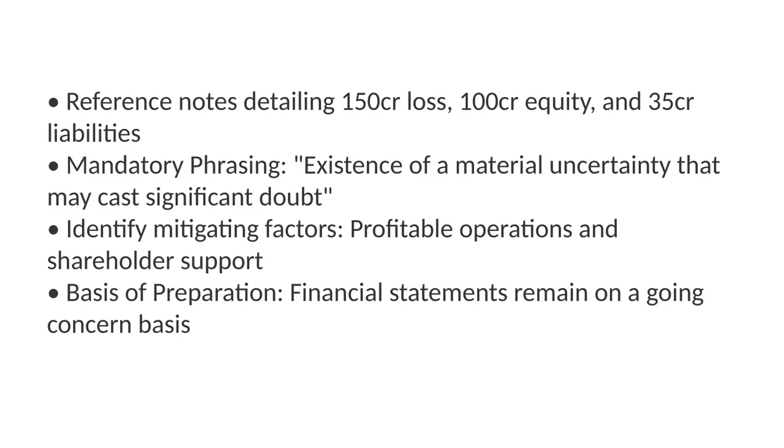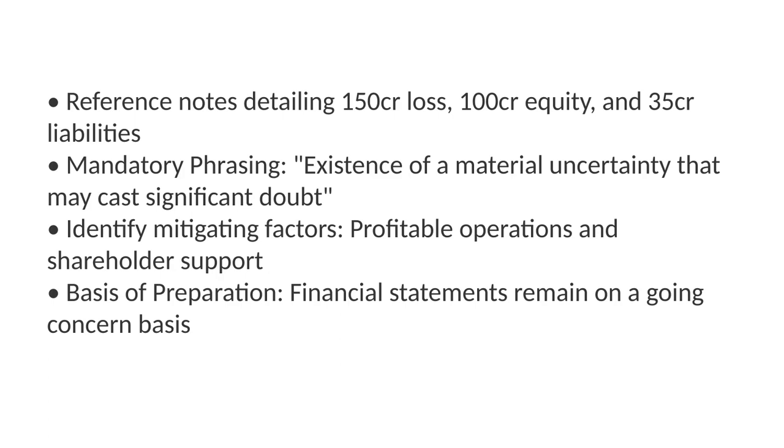Now, move to the second part, which is the going concern issue. Again, refer to the relevant note. Highlight the financial distress: the 150 crores in accumulated losses, the 100 crores equity, and the 35 crores in net current liabilities. Use the technical phrase, and I cannot stress this enough: these conditions indicate the existence of a material uncertainty that may cast significant doubt about the company's ability to continue as a going concern.